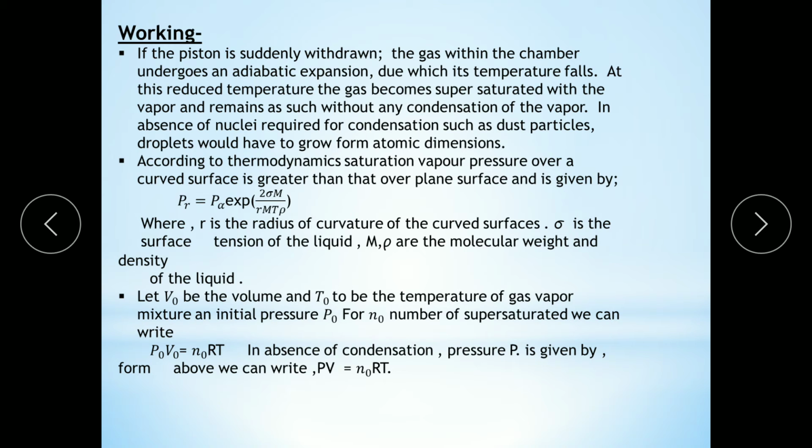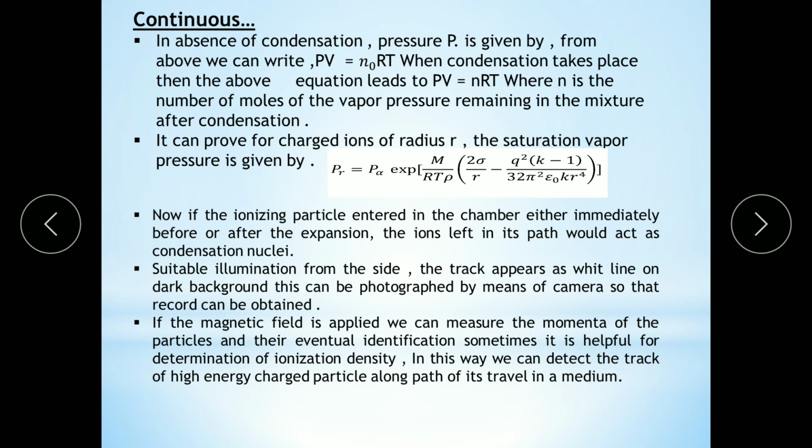Let V0 be the volume and T0 be the temperature of the gas-vapor mixture at initial pressure P0. For N0 moles of the supersaturated vapor, we can write from the ideal gas equation P0V0 equal to N0RT. Now, in the absence of condensation, the pressure P is given by PV equal to N0RT.